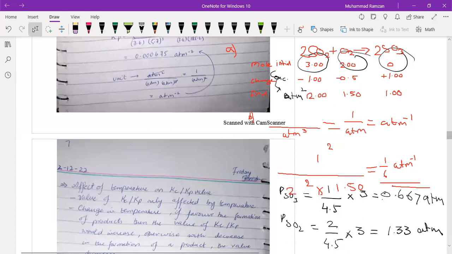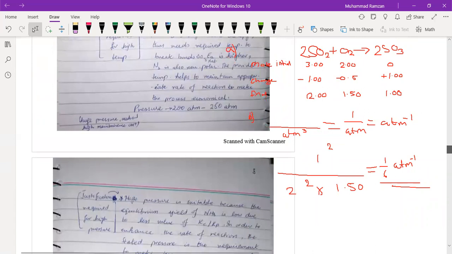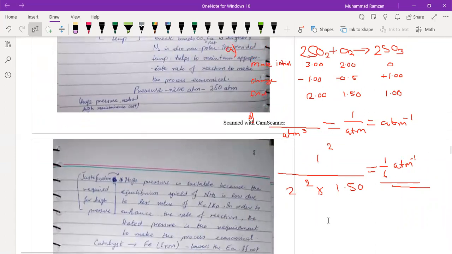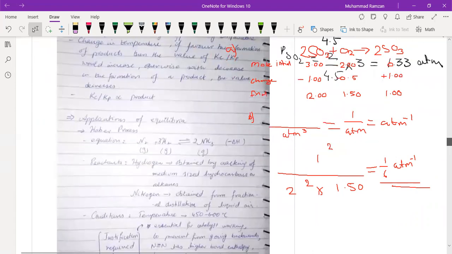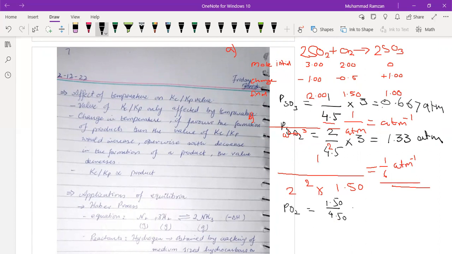Now the partial pressure of O2, O2 is 1.5 over 4.5 multiplied by 3.